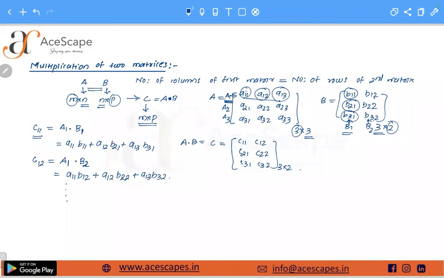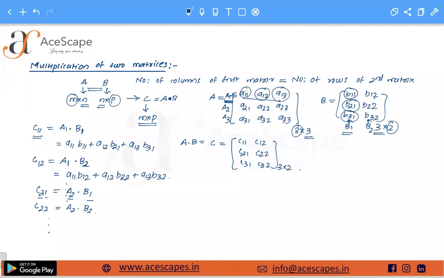Similarly, we can calculate the others. What will be C21? For C21 we multiply the second row of A with the first column of B. Similarly, for C22 we multiply A2 into B2. Like that it goes. I will explain with an example also.